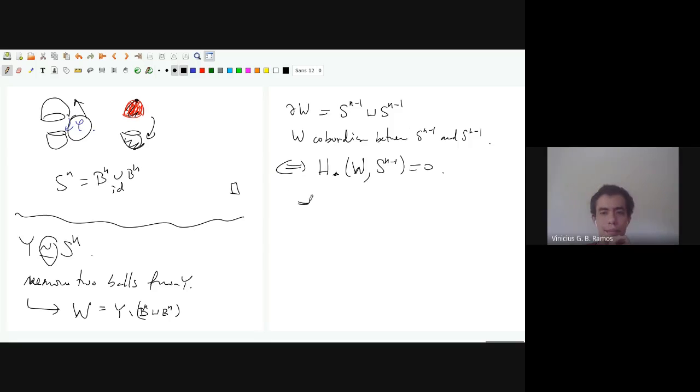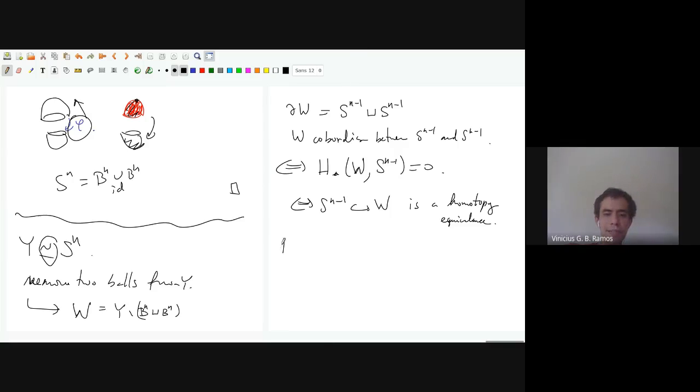Which is the same as saying that the embedding of S^(n-1) into W is a homotopy equivalence. Anyway, there are a bunch of algebraic topology conditions that are outside the scope of this course.